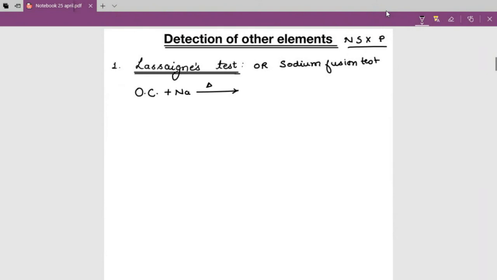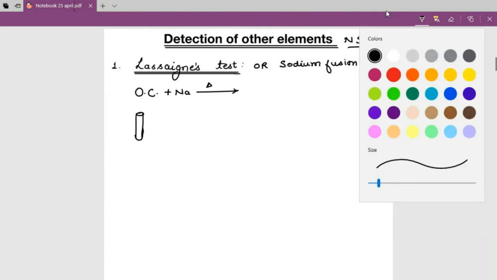We have very small fusion tubes in the lab. They are very small like this, not even test tubes. They are hardly 2 to 3 inches, and they are thin.